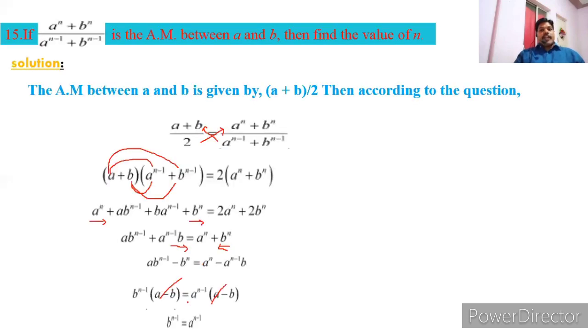So that is, we can take the value here, b power n minus 1 is equal to a power n minus 1. What we can take here is a by b whole power n minus 1, that is equal to 1. See this one here, a power n minus 1 by b power n minus 1, that value is equal to 1.